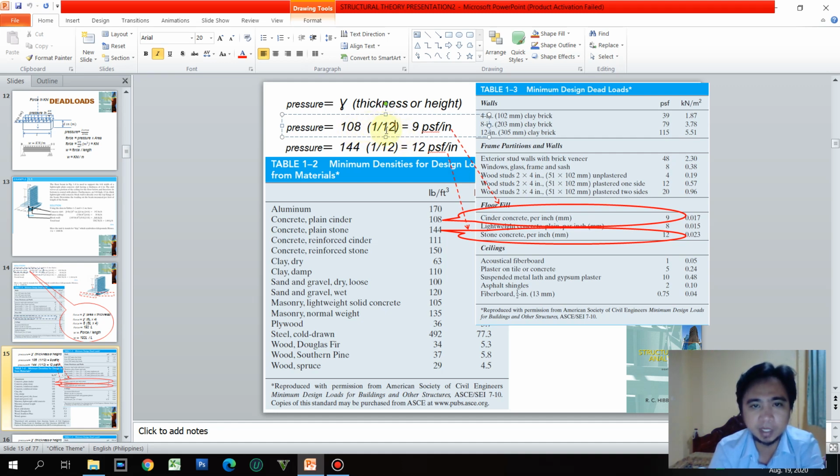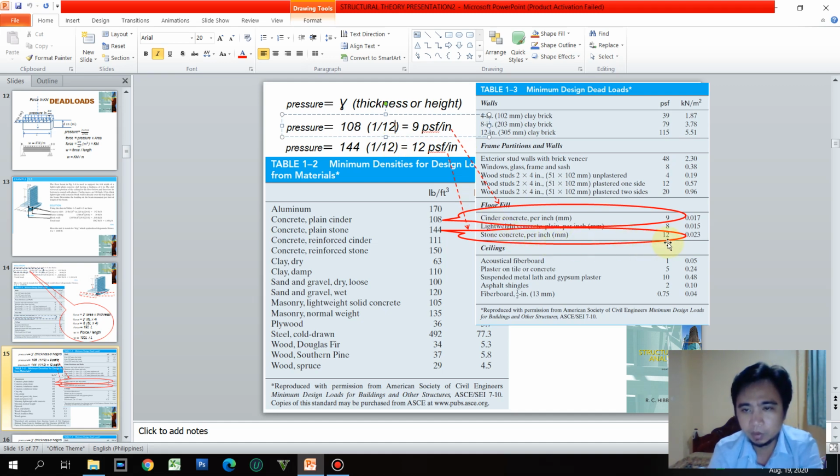So dividing 108 by 12 is 9 PSF per inch, which was present in table 1-3. And similarly, for plain stone concrete, 144 divided by 12, that is 12 PSF per inch, which is in table 1-3.